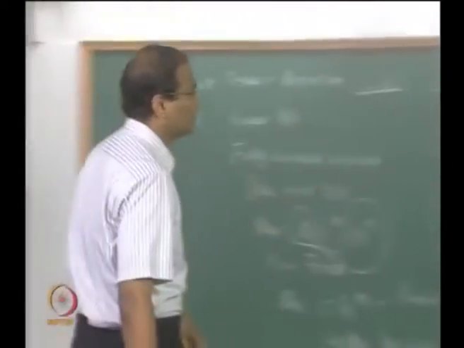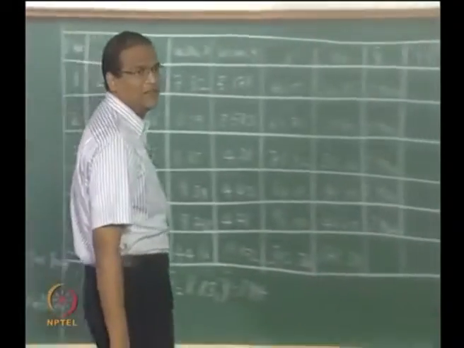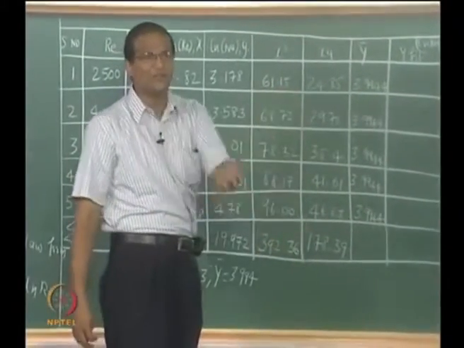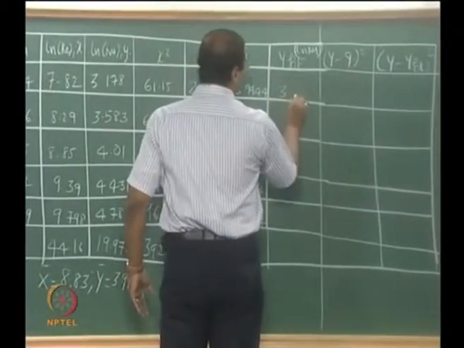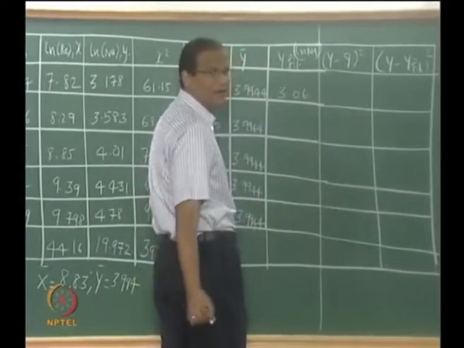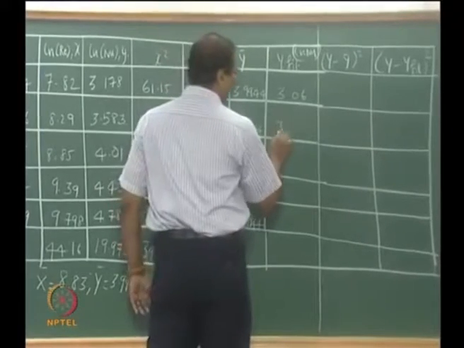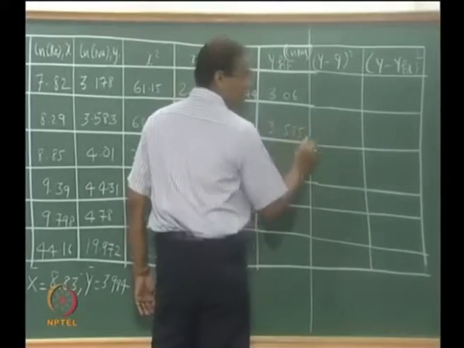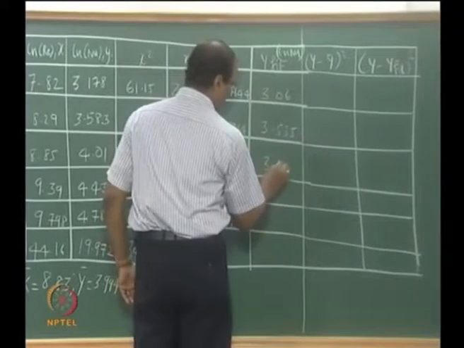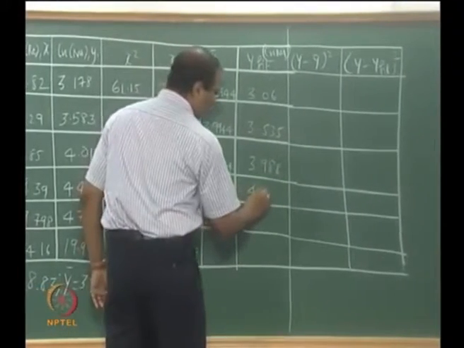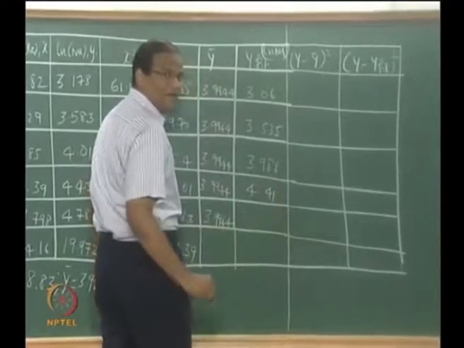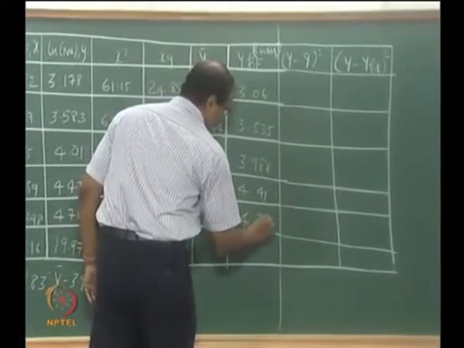What are you getting? You will get values 2, 3, 4, 5, 6 something. What is the first value? 3.06. Okay, next. 3.98. 4.4. 4.41. 4.7. 4.73. Okay, so that's fine.